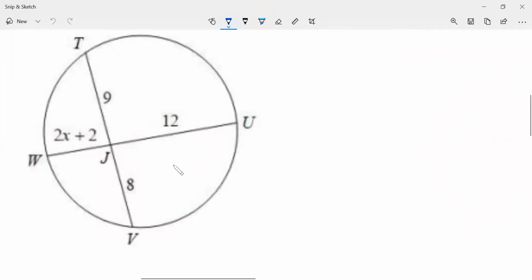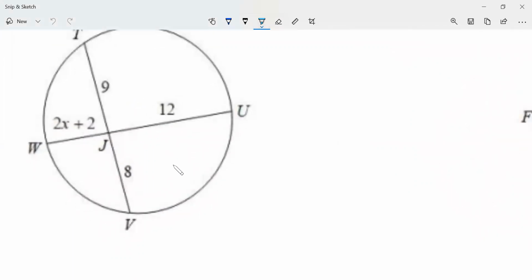Okay, so first I see one segment. Remember, when the segments are inside, I just multiply the two parts. We did that for example 17 and 18.